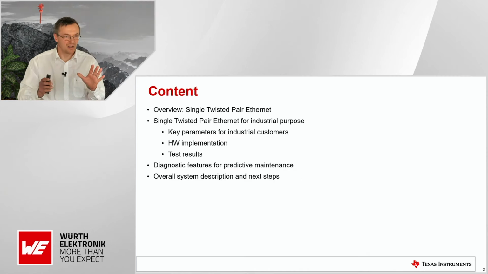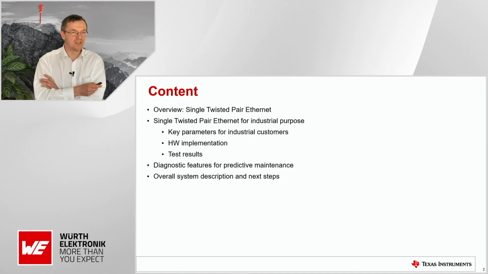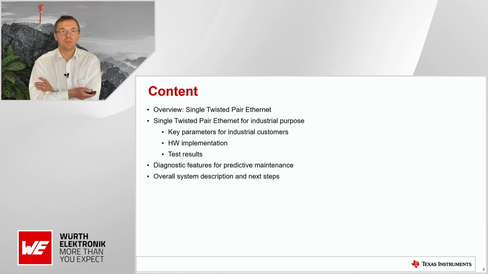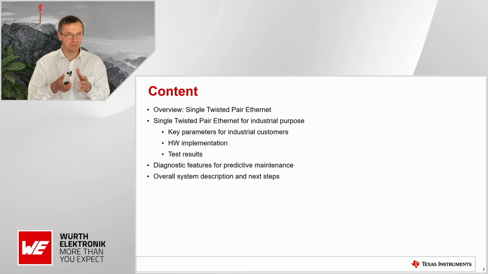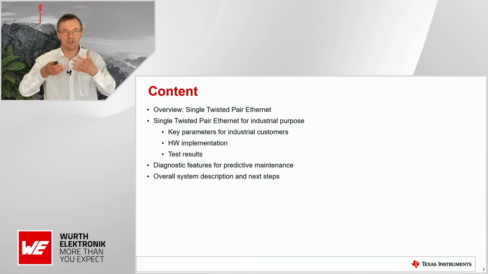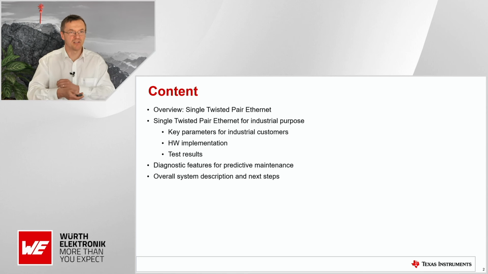So just a quick walkthrough of the agenda. We talk a little bit on single twisted pair Ethernet in general, so you see what it is. Then we show some of the key things you need to do to actually achieve the capability of using it in an industrial system.